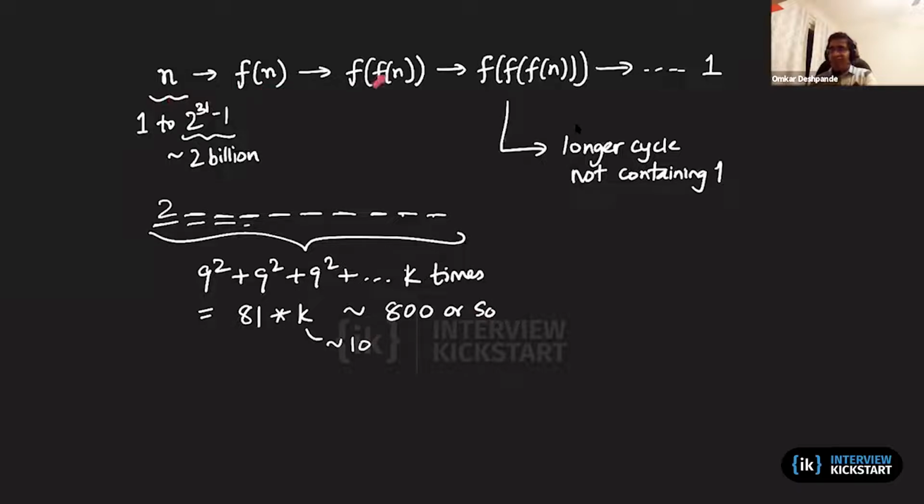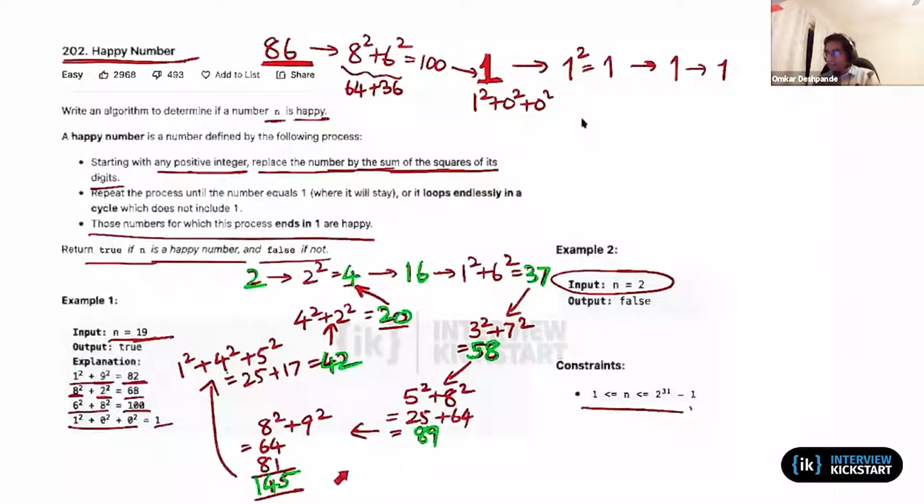And once you do this 800 times, you're guaranteed that some number is going to repeat in the sequence, which means a cycle is guaranteed. What we don't know is whether the cycle contains a 1, and if it contains a 1, it's going to only have a 1, or whether the cycle is a longer cycle like this. It doesn't contain a 1 and it goes through a chain of different values which keep repeating.